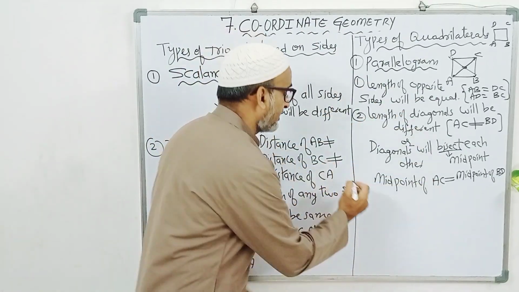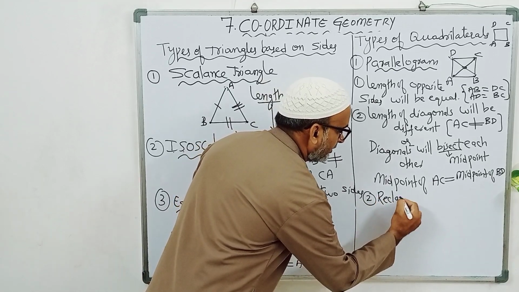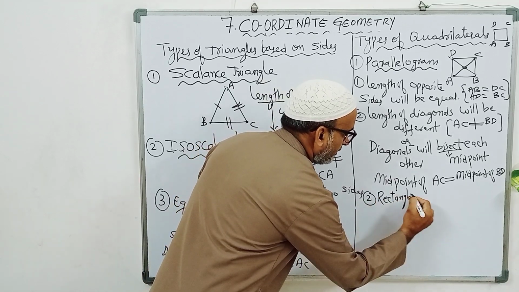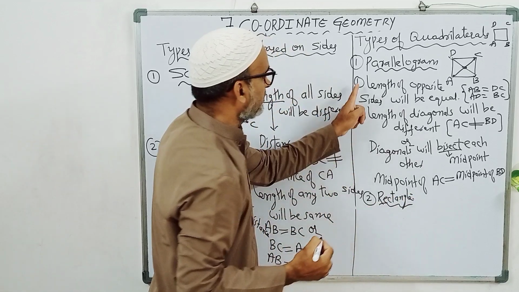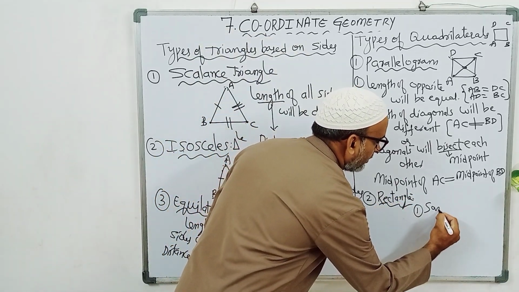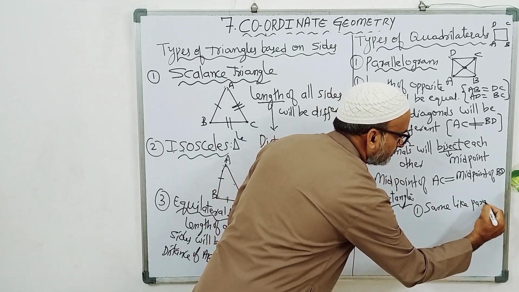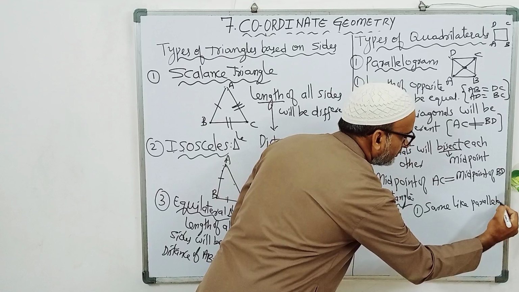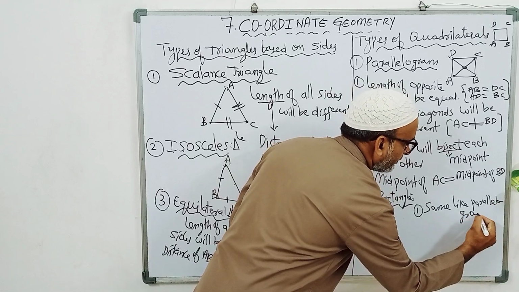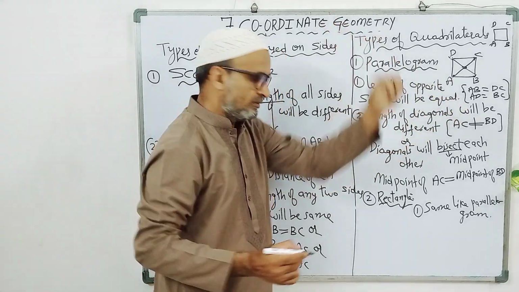Parallelogram's friend is the rectangle. Rectangle's first condition is the same as the parallelogram: the length of opposite sides will be equal.